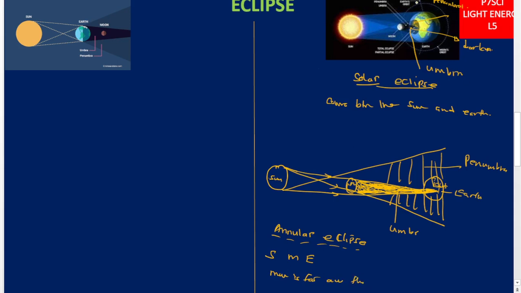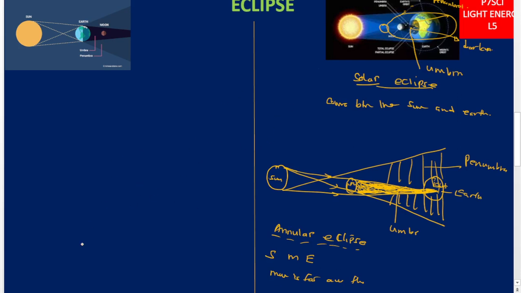Remember, we say that the earth has its orbit. You may find that the orbit is not circular. The orbit is always like this. Now you may find that the moon is here, far away from the earth. When it is far away from the earth, the umbra shadow is not going to be experienced on the earth. Only the penumbra region is going to be received by the earth.